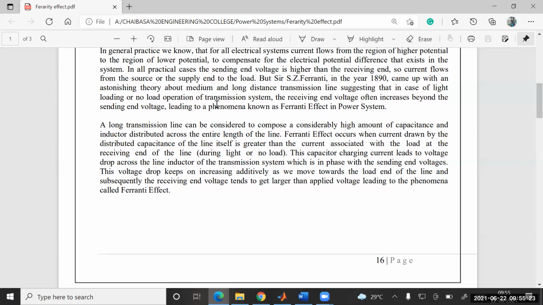This voltage drop keeps on increasing additively as we move towards the load end of the line, and subsequently the receiving end voltage tends to get larger than the applied voltage, leading to the phenomenon called the Ferranti effect.